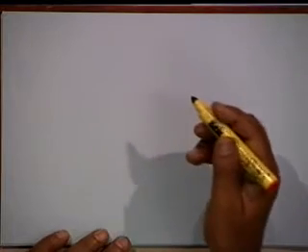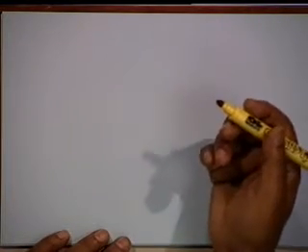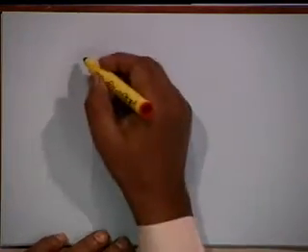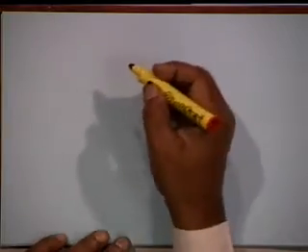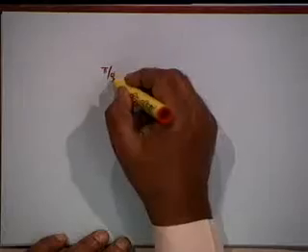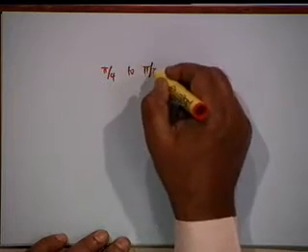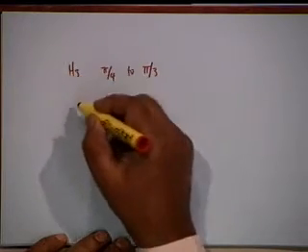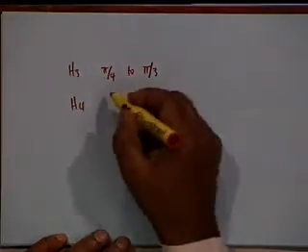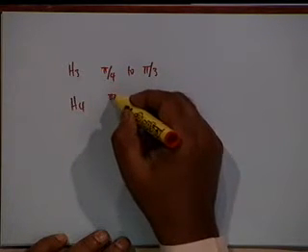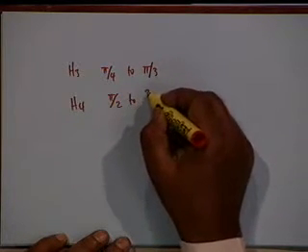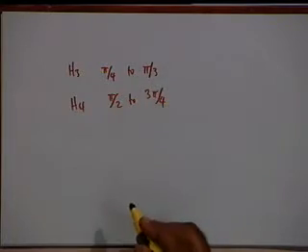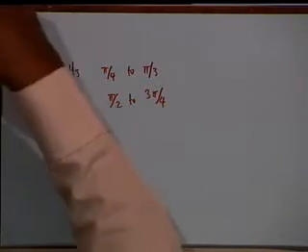Then H2 and H3 both shall be band pass. Okay. H3 shall extend from pi by 4 to pi by 2. This is H3. I am not drawing the diagram. And H4 shall extend from pi by 2 to 3 pi by 4. That's right. So that solves the problem.